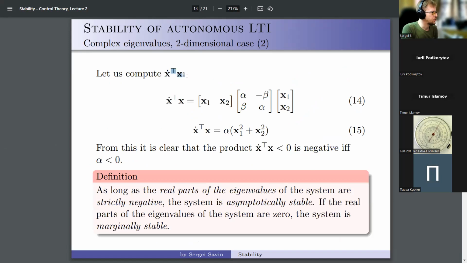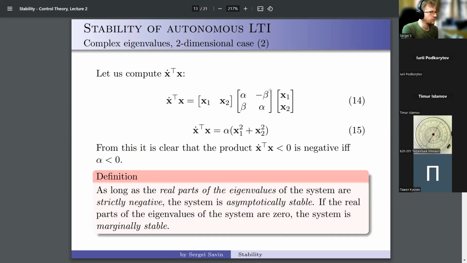Let us compute this thing. We can transpose it to have x dot transposed times x. This is x dot, this is x, and so together it is the same as this product.